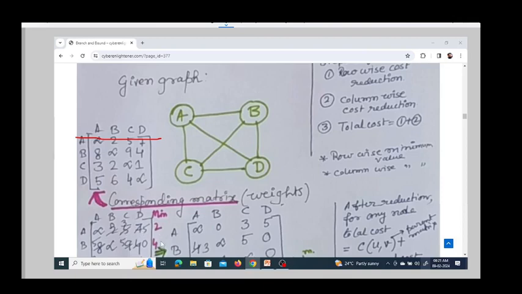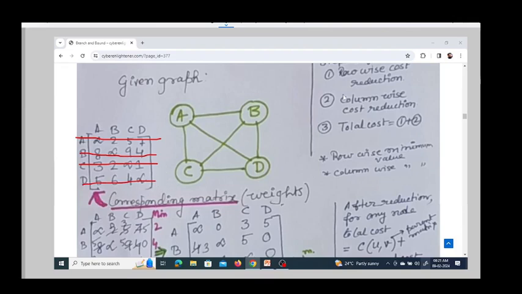Clear, students? Next row, what is the minimum? 4. Reduce 4 from all numbers. Third row, what is the minimum? 1. Reduce 1 from all numbers of row 3. Fourth row, what is the minimum? 4. Reduce 4 from all elements.